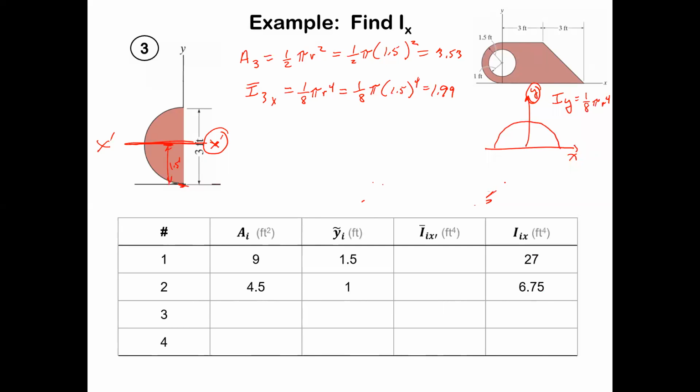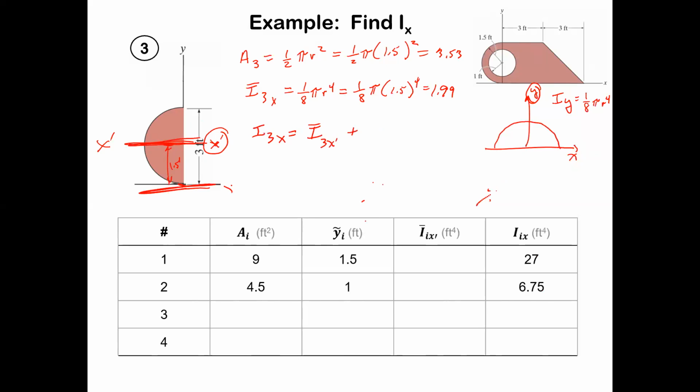Okay, and the parallel axis theorem, which you missed, Savneet, unfortunately, but I can go over it after the lecture real fast. I3x equals, the parallel axis theorem says, if you know the moment of inertia about the centroidal axis and you want to find it about another axis, you just have to take that centroidal moment of inertia and add to it the distance that you have to translate to go from one axis to the other.